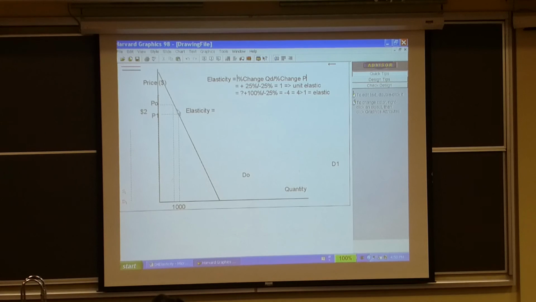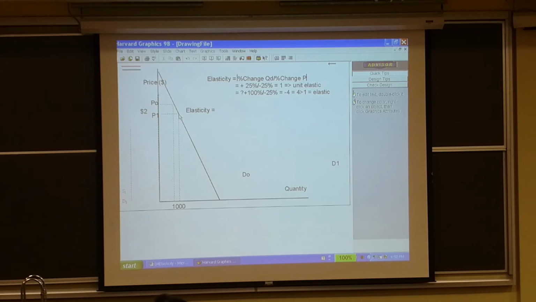What do you think the percentage increase in quantity demanded is? Give me a rough number. 40, 50, I'm going to say, yeah, let's say 40. I'd say 40, almost 50, right? That's okay, 40. So we've got plus 40% divided by, remember, we're always using percent. What would you say the percentage decrease in price is? Again, you guys are treating this like, my God, you've got to figure it out.